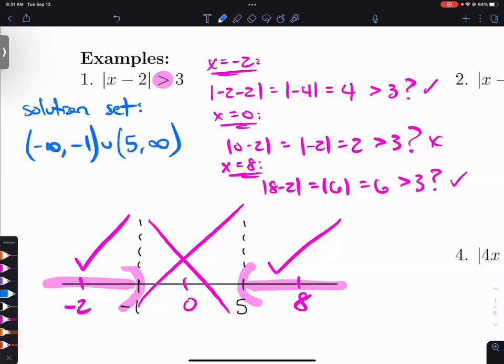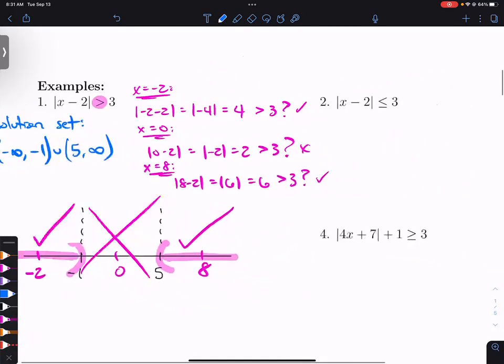So it's everything outside of those two values that we found, right? V-shaped graph opening up, we're comparing it to 3. So that's kind of the picture. You're looking for where it sits higher than that line 3. So it's the stuff outside of those points.